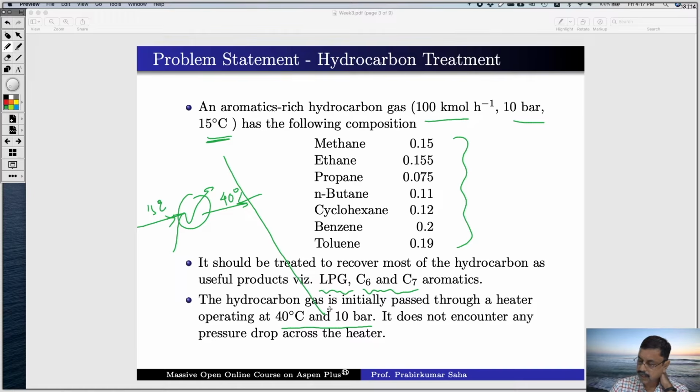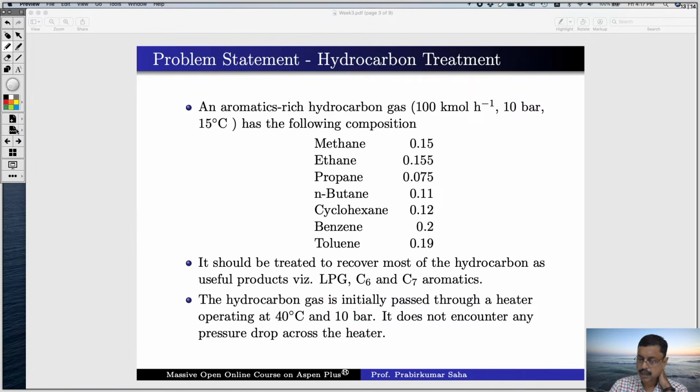And it does not encounter any pressure drop across the heater because this heater is operating at 10 bar and the hydrocarbon gas is also at 10 bar. So there is no pressure drop across it.